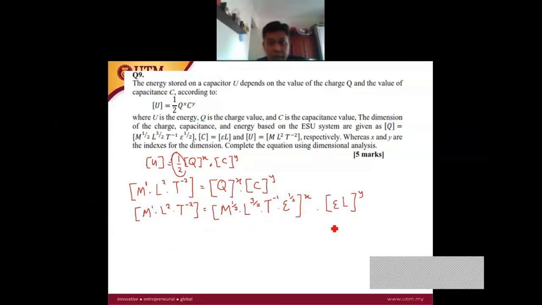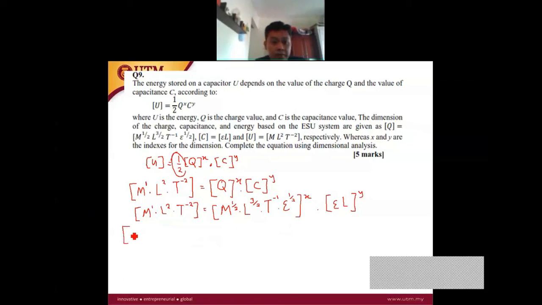so next we have to match everything on the left hand side and right hand side. So here we have the dimension units M, L, T, and epsilon involved in the whole equation. So we have to match here.